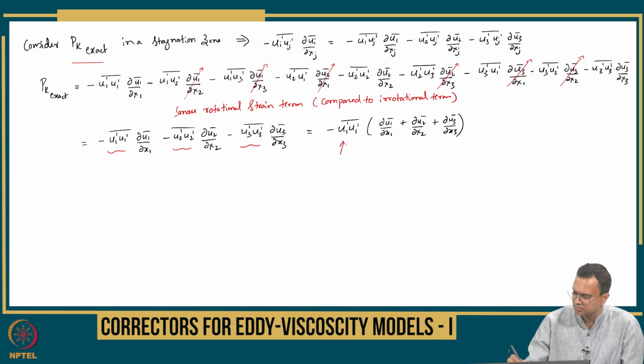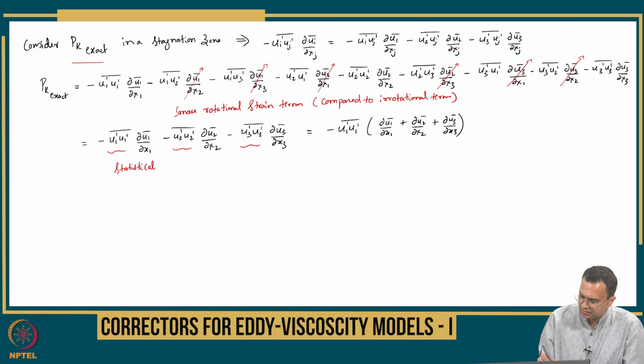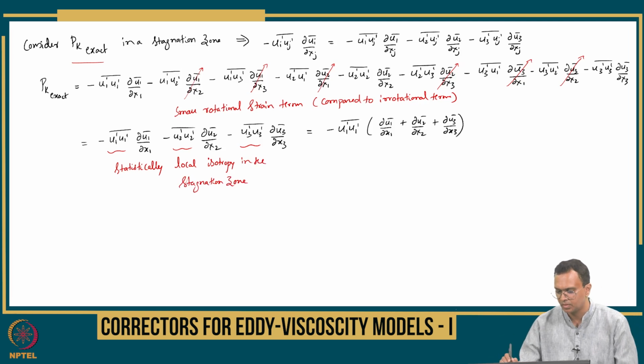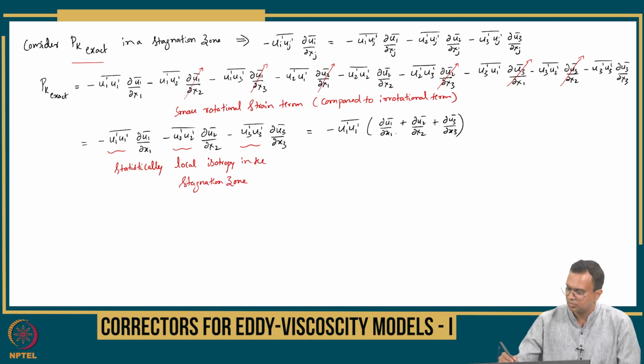This is statistically, or I can write here, statistically local isotropy in the stagnation zone. What will happen to this bracketed term? 0, right? Continuity.